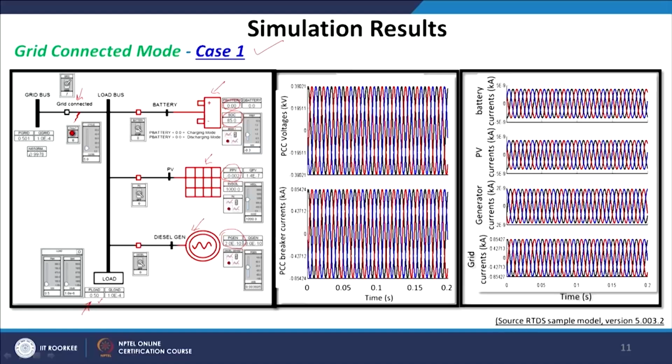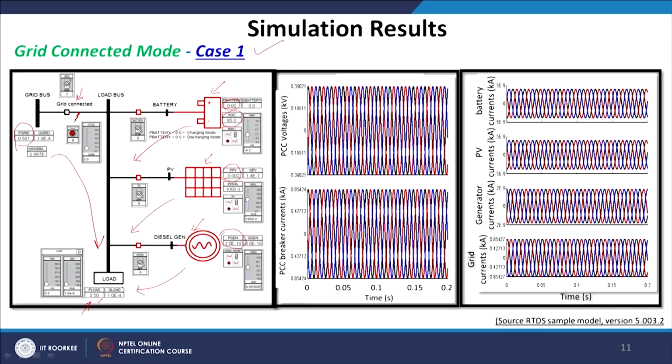If you measure, you can clearly see that 0.501 real power, which is as close as 0.5, is being made available to me from the grid, because neither the battery, nor the PV, nor the diesel generator provides any energy to meet my load requirements.